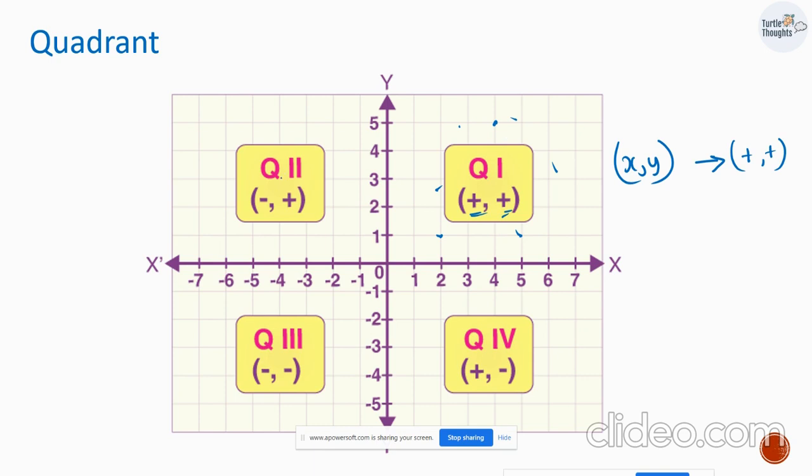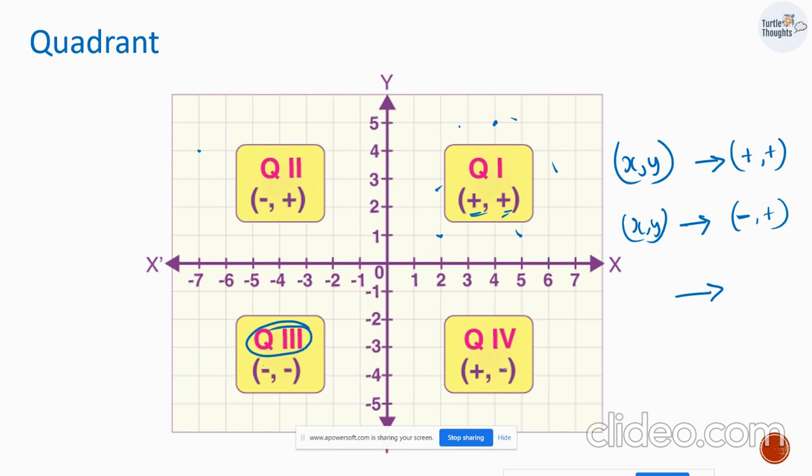Similarly, in the second quadrant, the value of x is going to be negative and the value of y is going to be positive. So x comma y, minus comma plus, is going to lie in the second quadrant. Similarly, if x is negative and y is also negative, then it will lie in which quadrant? The third quadrant.